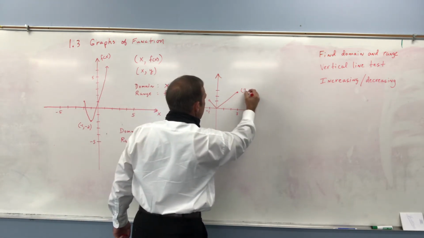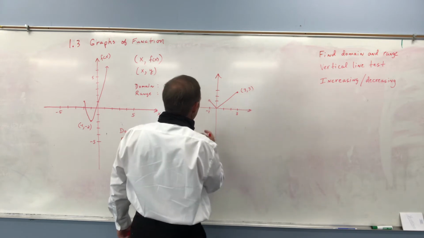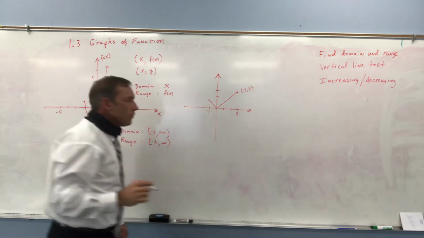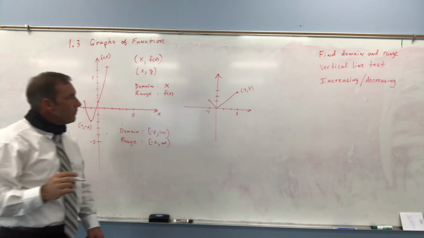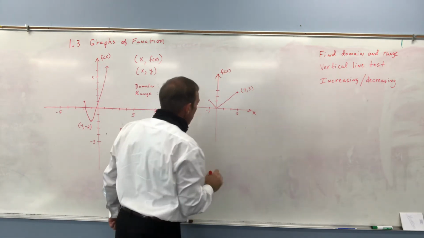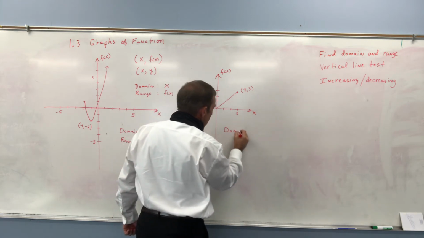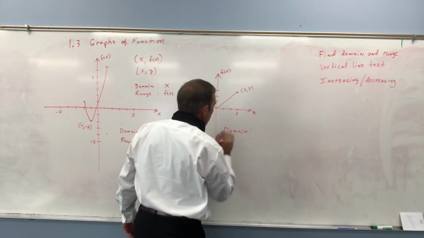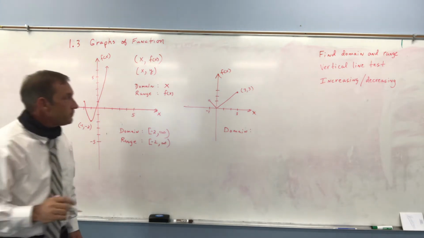That's at 3, 3. Now, this time, here's our x-axis, f of x, domain. What are the x values that are used on this graph?